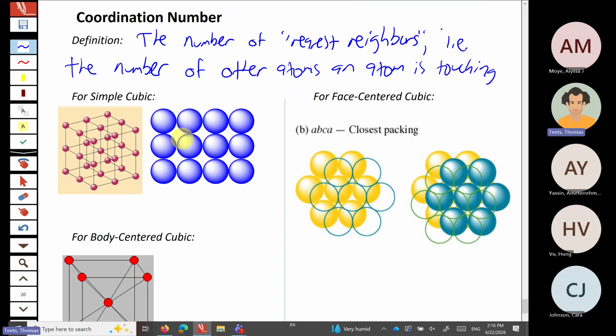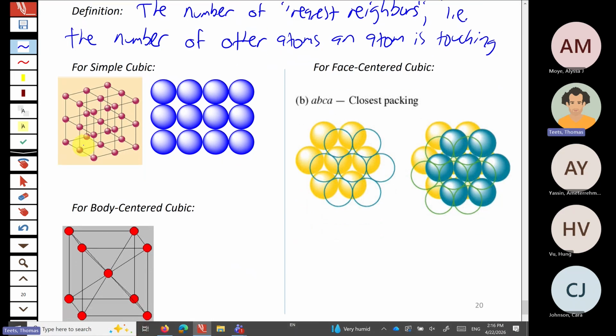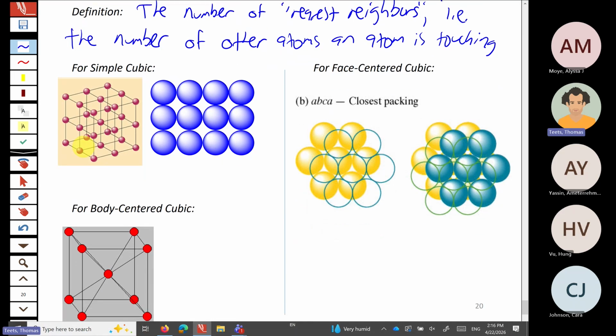So thinking about the structures and the layers they come from, we can come up with the coordination numbers pretty easily. If we look at the simple cubic structure, if we just look at one layer of atoms, and let's just focus on that atom there, how many atoms are touching that one? You're going to have the 4 that are in the same layer that are touching it, 1, 2, 3, 4, and you're going to have 1 in a layer that's directly above it and 1 in a layer that's directly below it, which I'm not directly showing here.